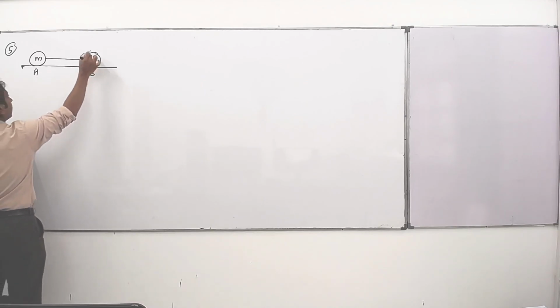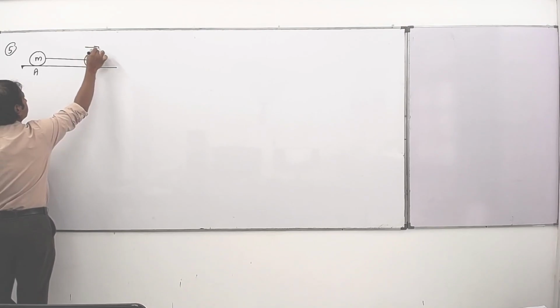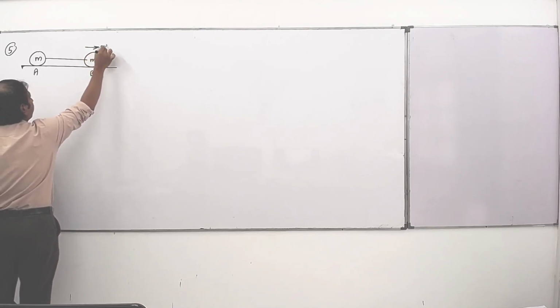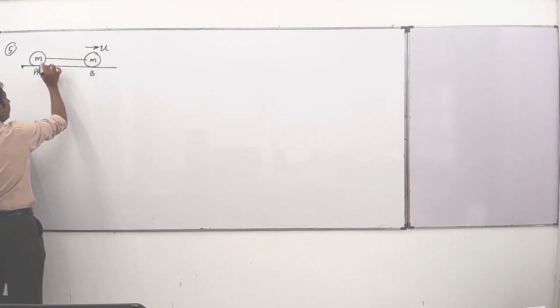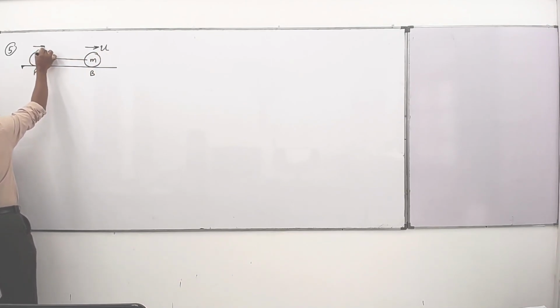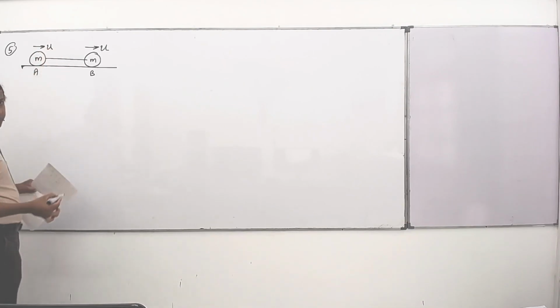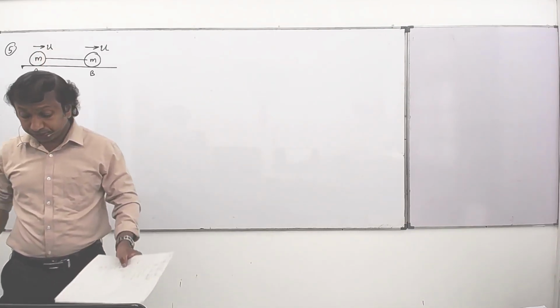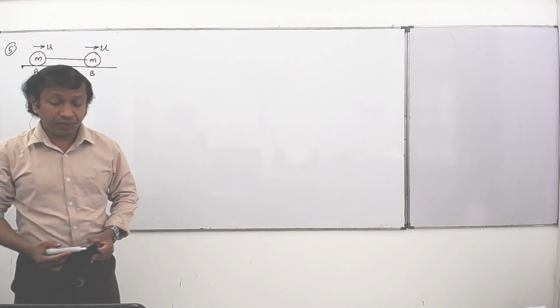Soon after giving the impulsive force, B begins to move with velocity u. Meantime, A begins to move with velocity u. That's an obvious fact, the reason being that this string is inextensible.